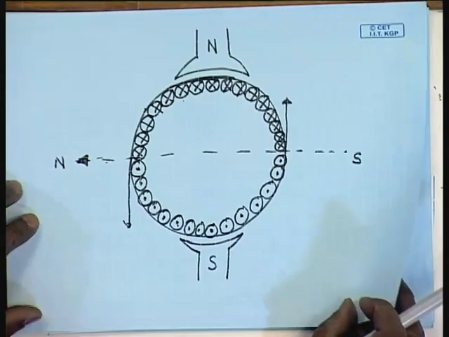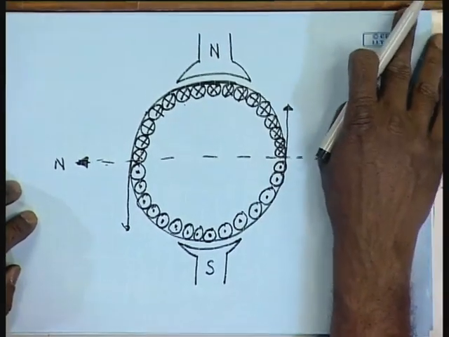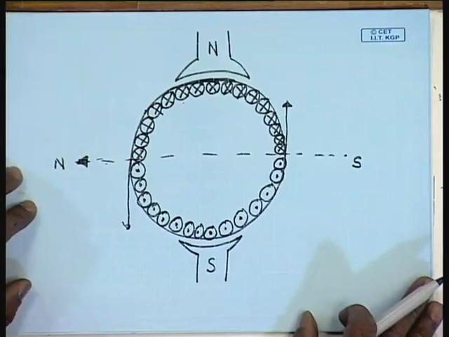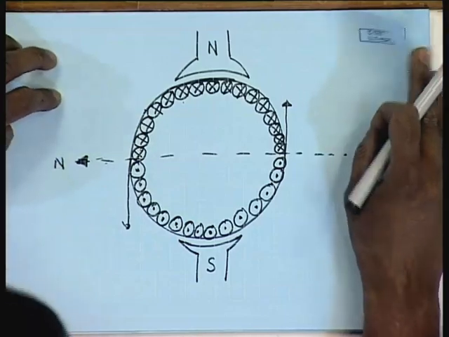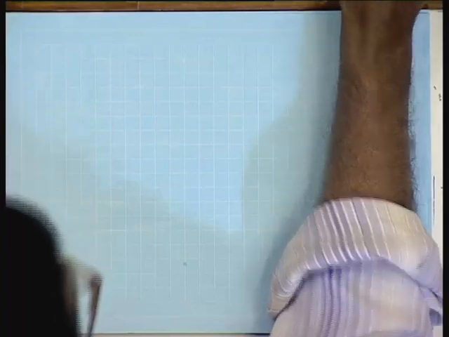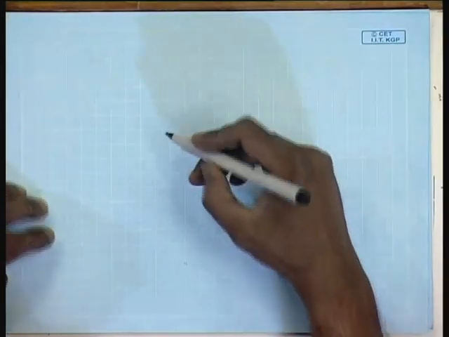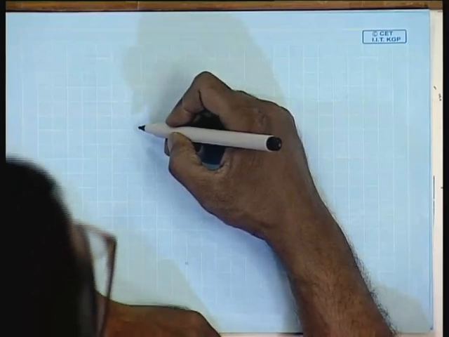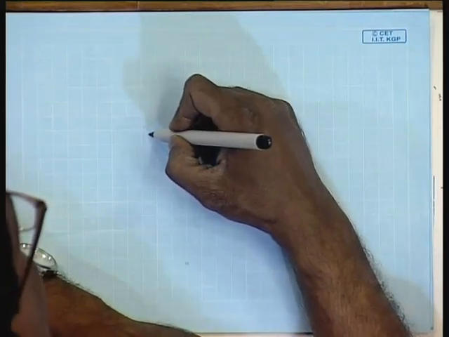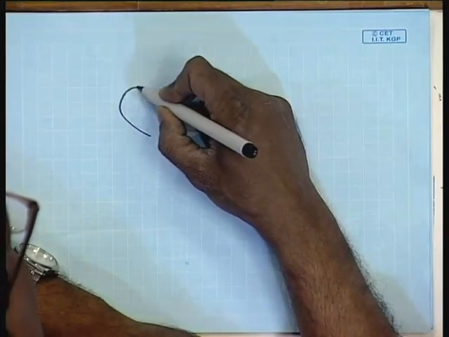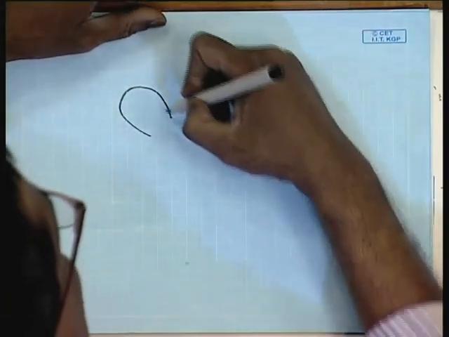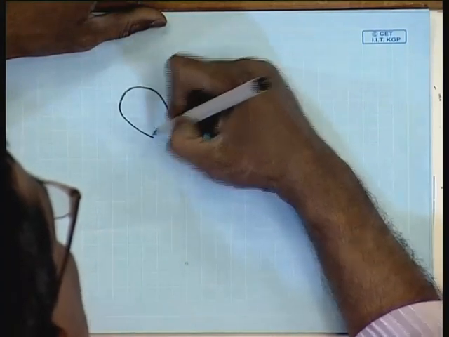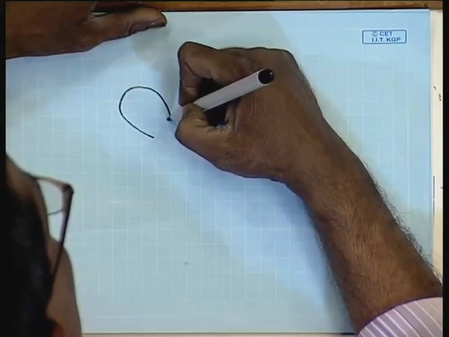So, let us see how a commutator is to be arranged for this particular machine. For simplicity, we will assume, let us say this is one coil. All these coils in a DC machine are what we call series connected.